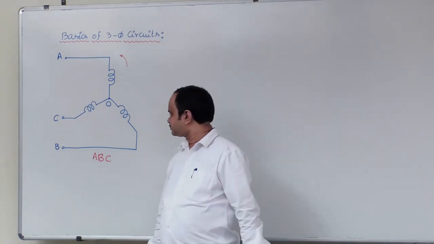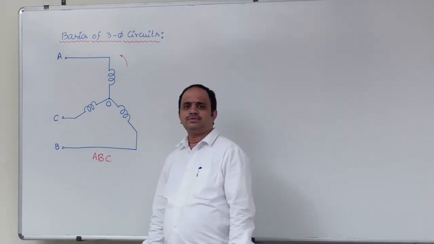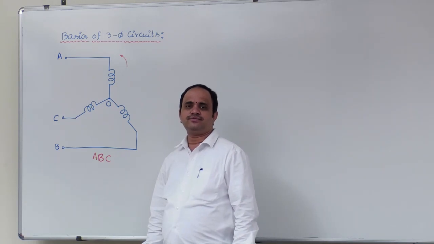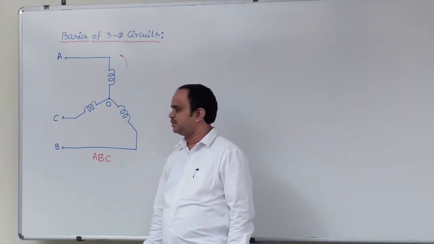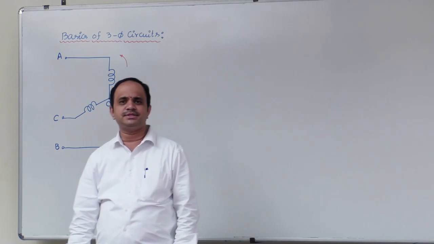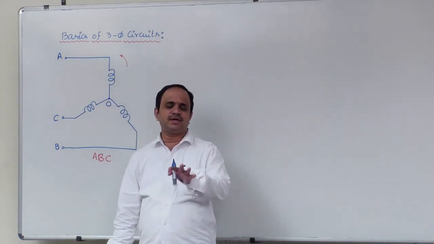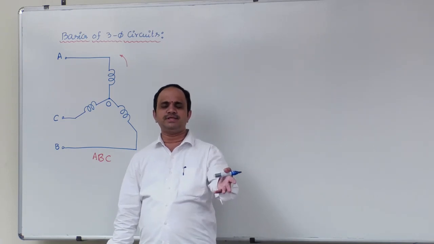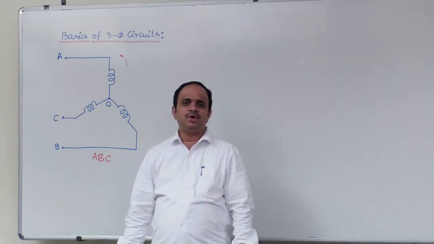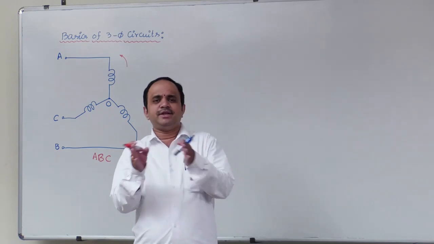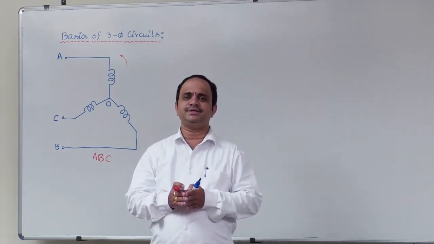Okay, next. Let us look into the definition of a balanced system. What is the definition of a balanced system? For example, there are three sinusoidals given to you. They can be either voltage waveforms or current waveforms. When can you say the three sinusoidals are in balanced condition?